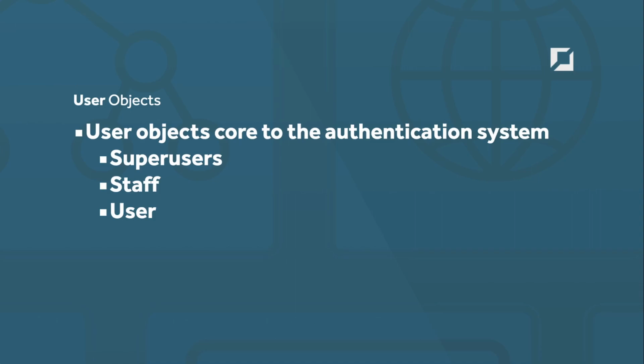However, they are differentiated into three subcategories, if you like: superuser, staff, or user. Really the difference here is that there are special attributes that are set for superuser and staff users, and that's really just a Boolean field in the database.